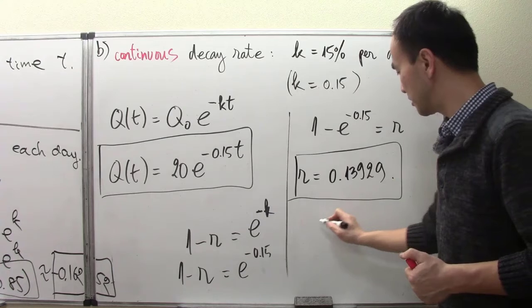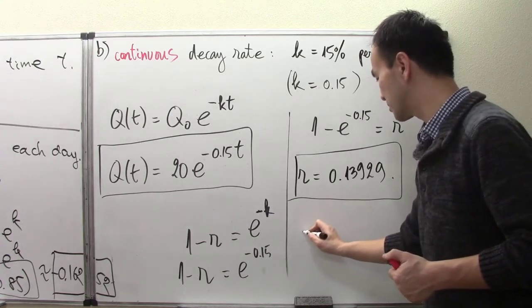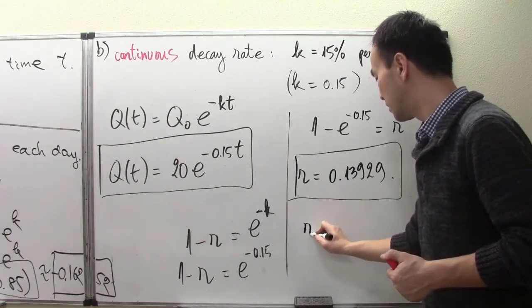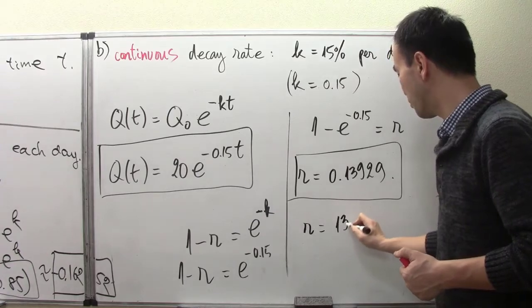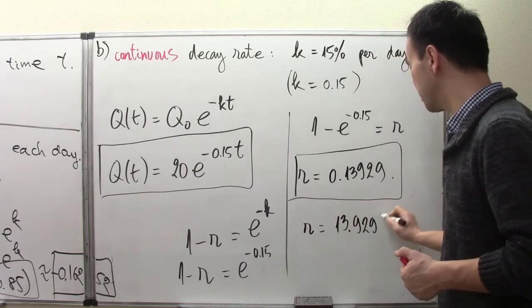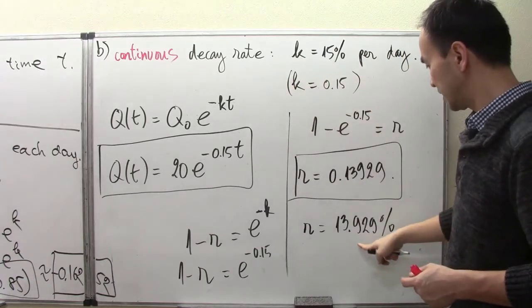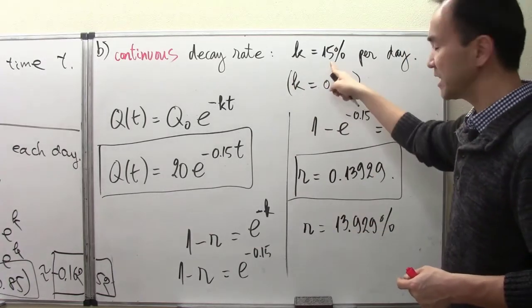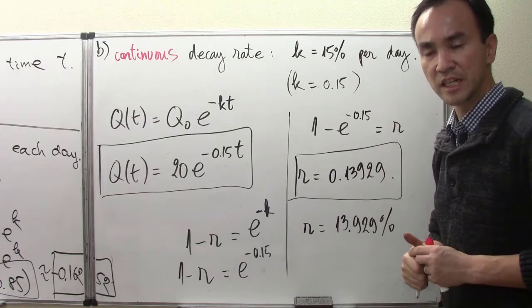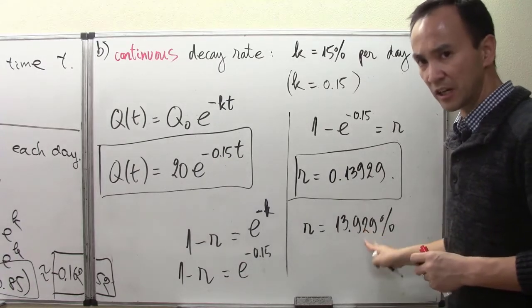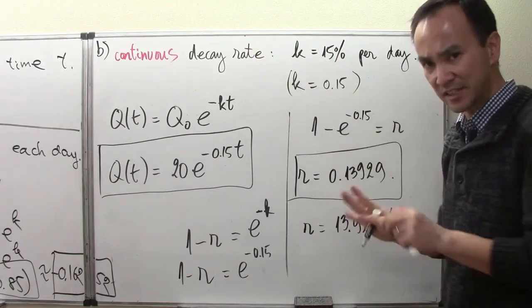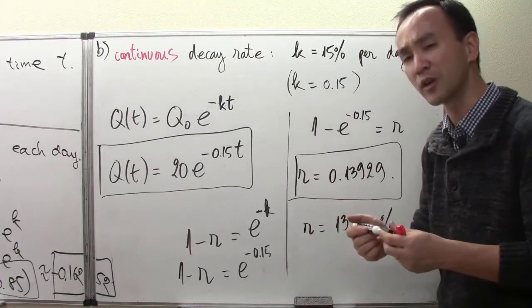We can see that this is about 13.929%. You see, it's quite different. Here the periodic rate is quite different from the continuous rate right there. And of course, it's definitely not the same as the one in part A. These are just completely two different problems already.